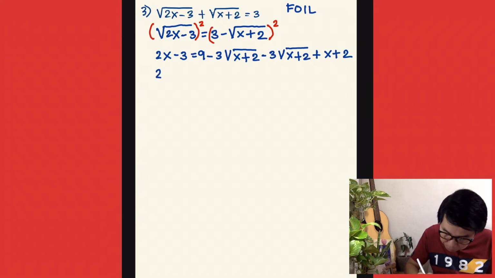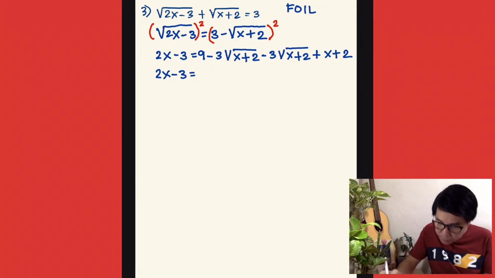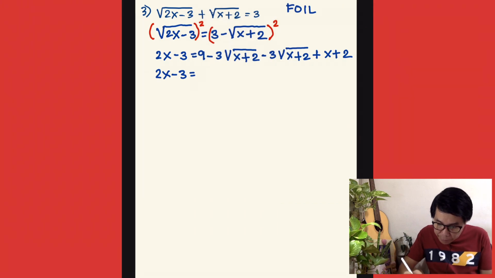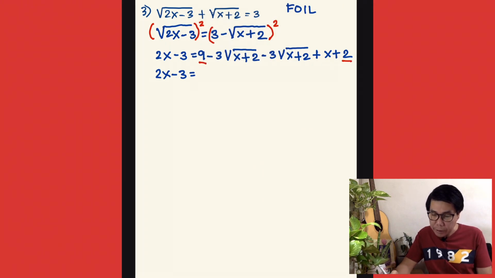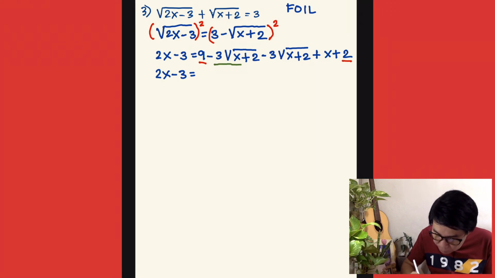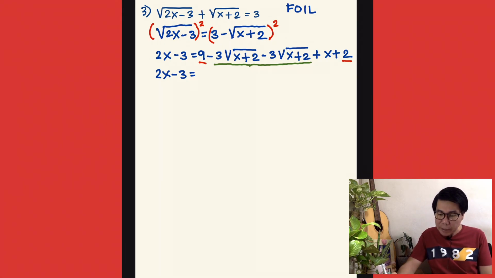So we have 2x minus 3 equals. I can see we have here 9 and 2 that can be combined, and we have another one: negative 3 square root of x plus 2 and negative 3 square root of x plus 2.